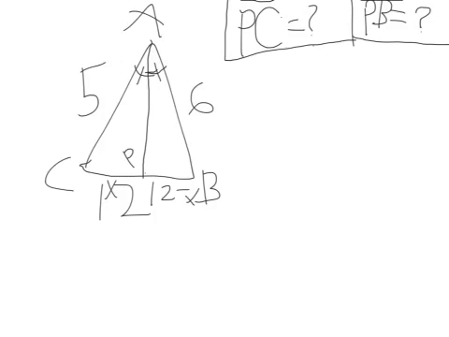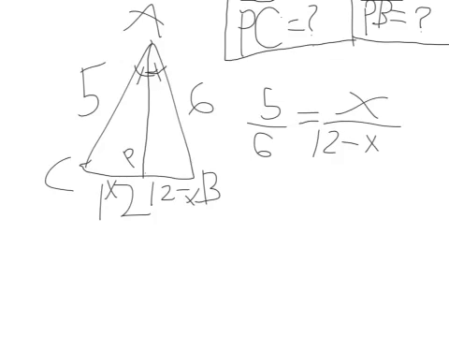So we go 5 over 6 equals x over, or my bad, 12 minus x. Now we cross multiply to solve for x.